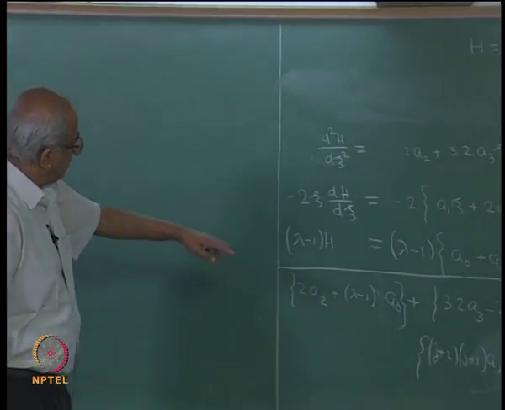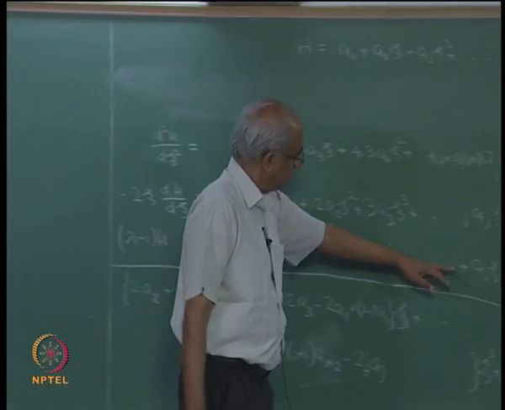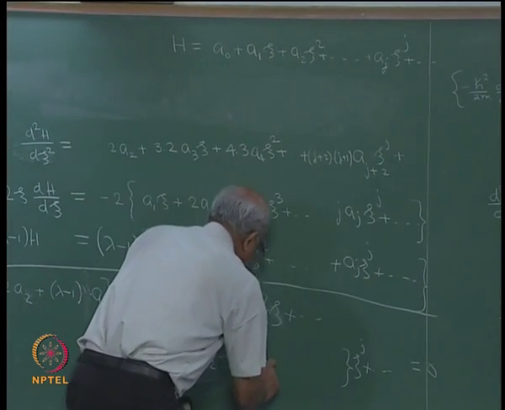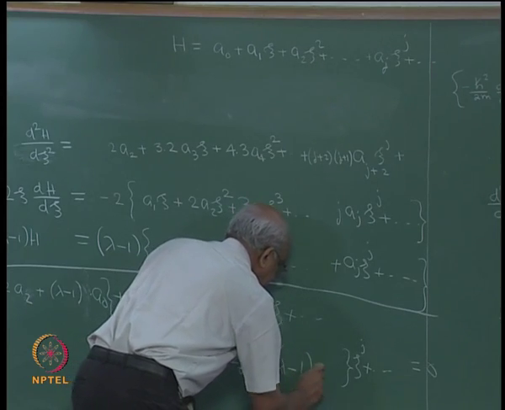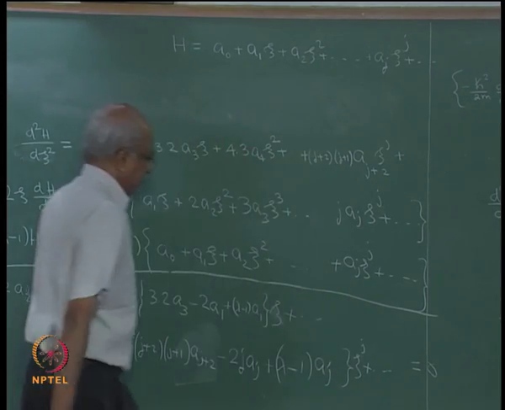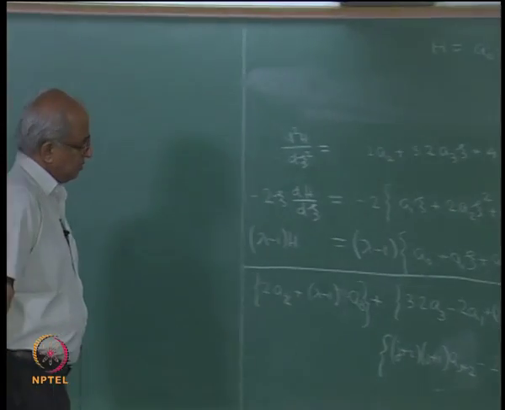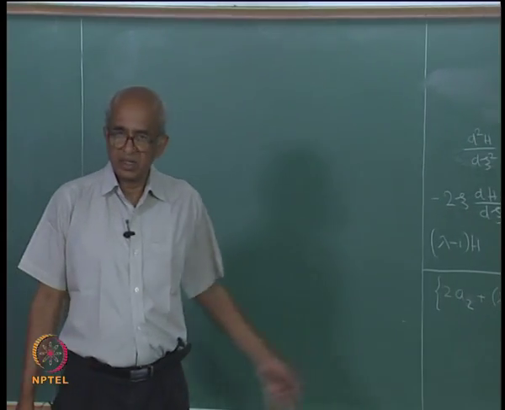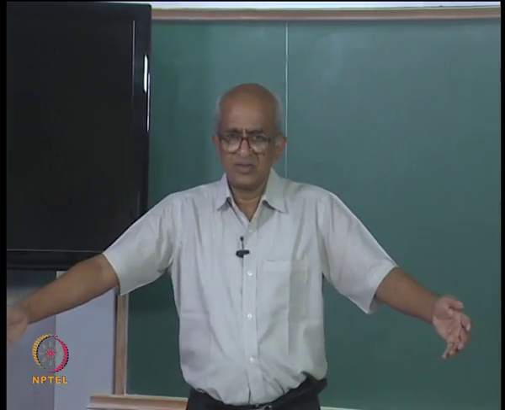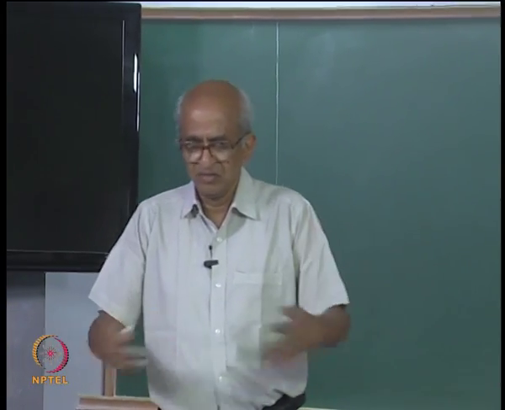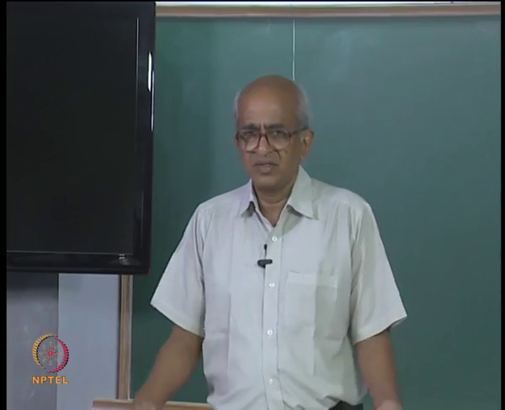And what is the contribution from this line? That is going to be plus lambda minus 1 into a_j, correct.